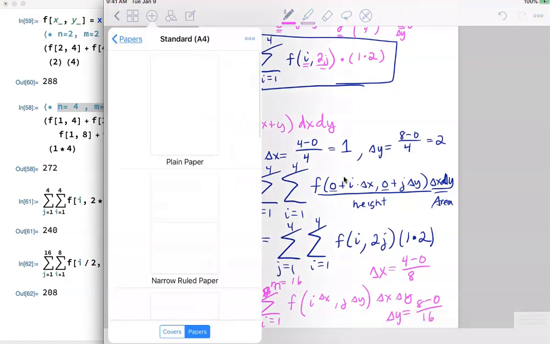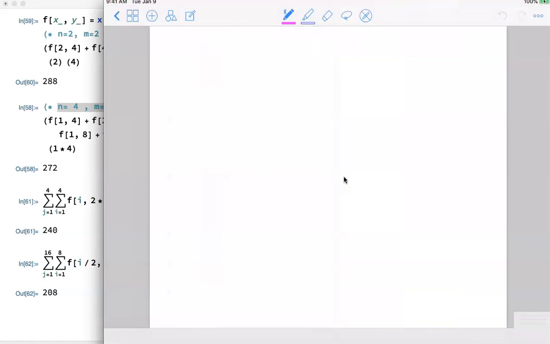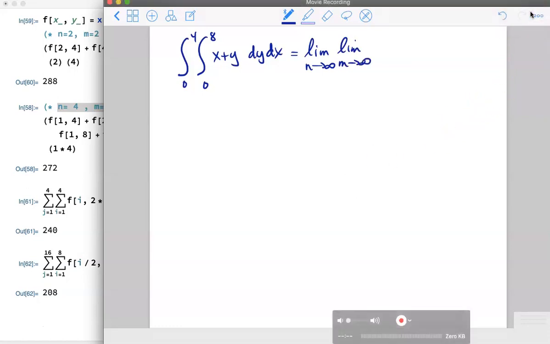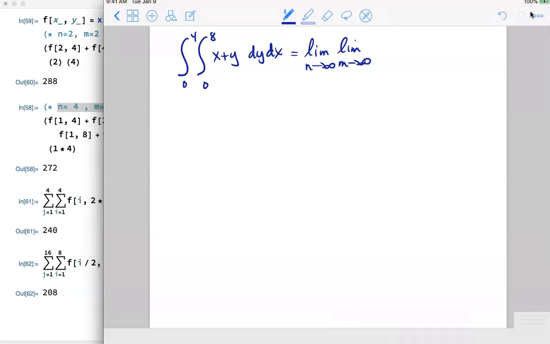So I'll add a page below, and we're just going to realize that the double integral of x plus y dy dx, y going from 0 to 8, x going from 0 to 4, is the same thing as the number of rectangles going to infinity in both directions. We would need to do a double sum.